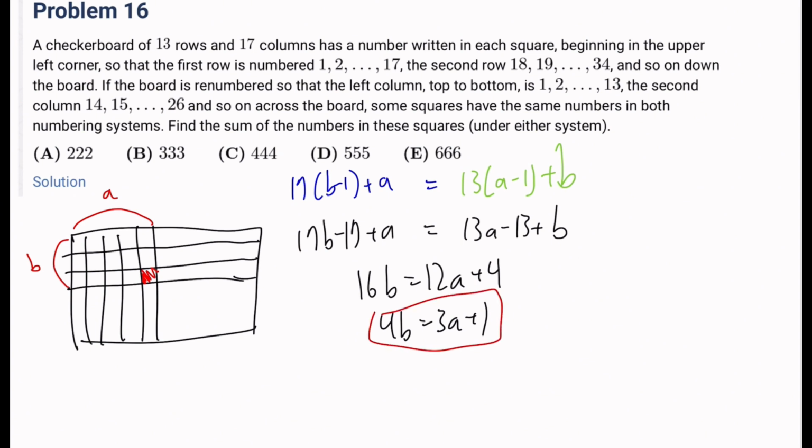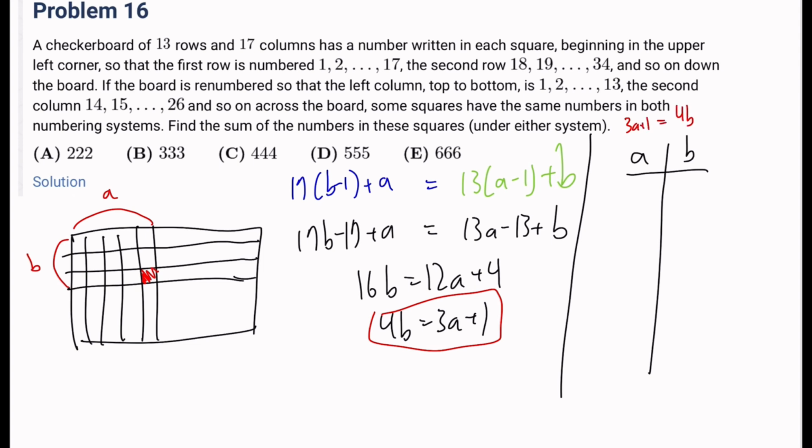So if we look at possible a and b values, if this is 3a plus 1 and this is 4b, then they have to be the same, right? And then we will have 13 times a minus 1 plus b, right?